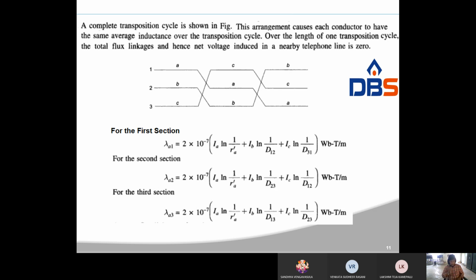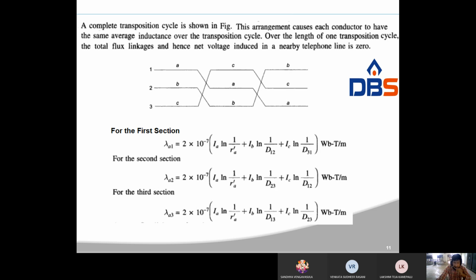So the 3 phases are displaced by 120 degrees to each other, and we can represent the currents with conductor A current as the reference. That's why the current in conductor A is the total current I at an angle 0 degrees, IB is I at an angle 120 degrees, IC is I at an angle 240 degrees.